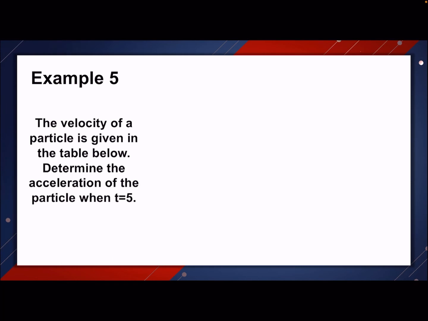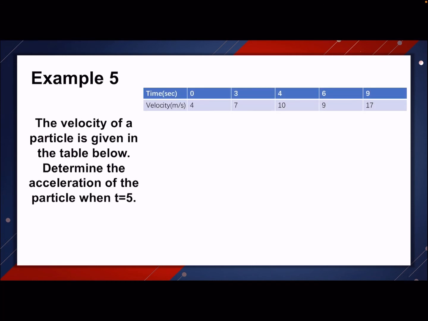The velocity of a particle is given in the table below. Determine the acceleration of the particle when t is equal to 5. As we can see, when time is equal to 4 seconds, the velocity is 10, and when time is equal to 6 seconds, the velocity is 9.